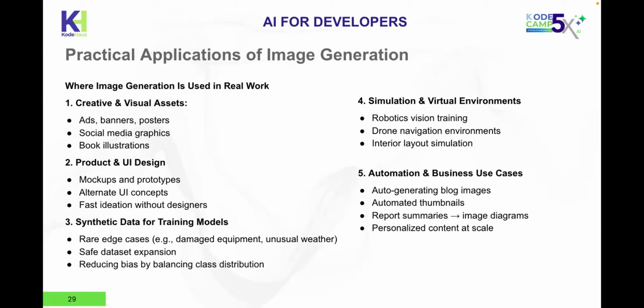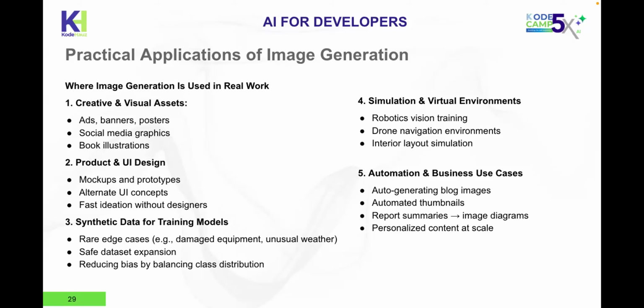Then automation and business use cases: auto-generating blog images. People can write blogs and post, and you can call an image generator to generate an image that matches the subject matter of that blog. You can even use a blog post or parts of it as the prompt to generate the image.